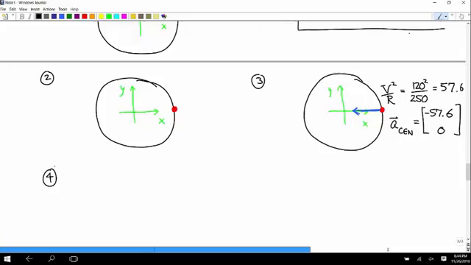We don't need it. That's right, because this is uniform circular motion. Uniform circular motion, so the tangential acceleration is 0.